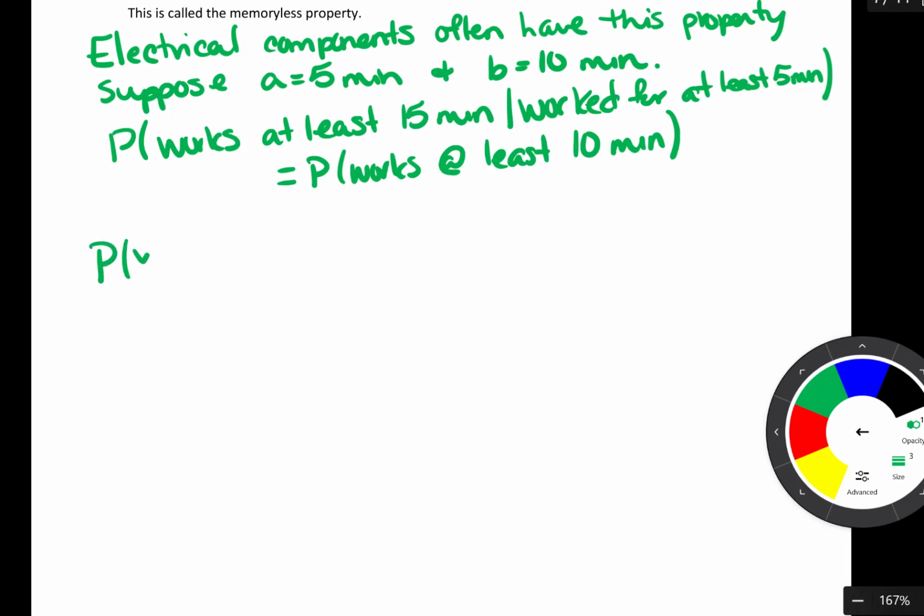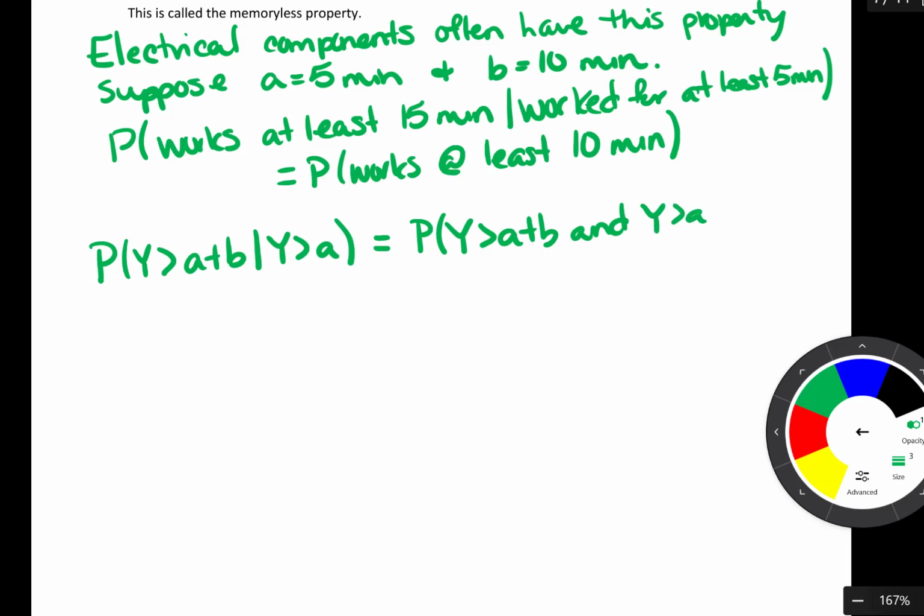So if we consider the probability that y is greater than a plus b, given that y is greater than a, then we know by the definition of conditional probability that this is equal to the probability that y is greater than a plus b and y is greater than a, divided by the probability that y is greater than a.